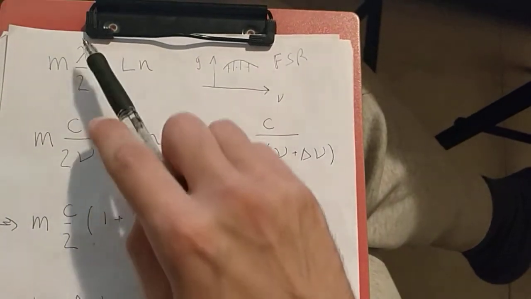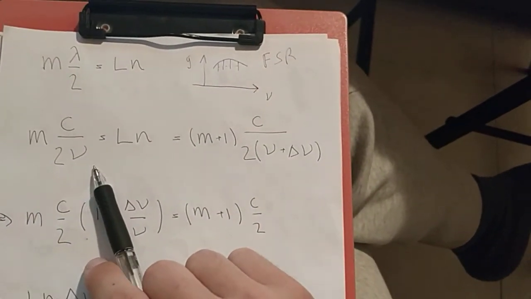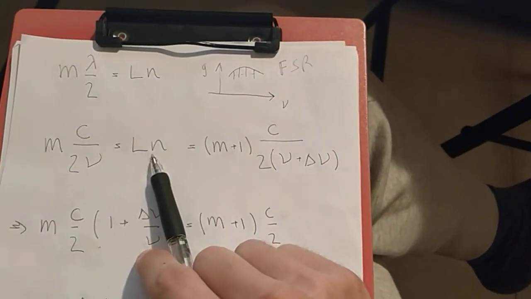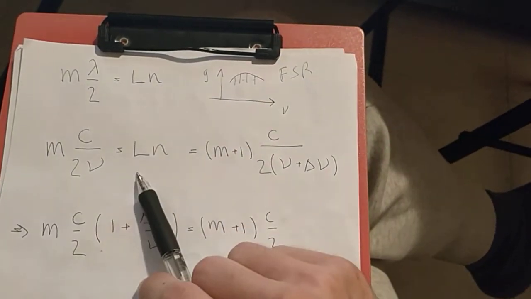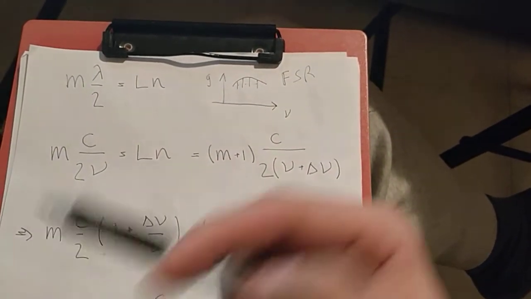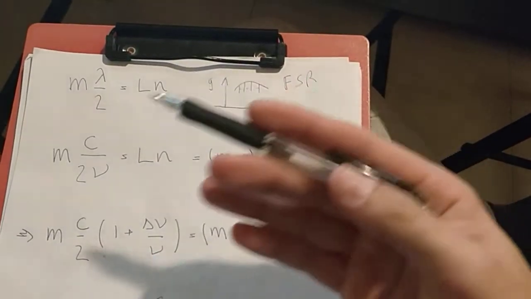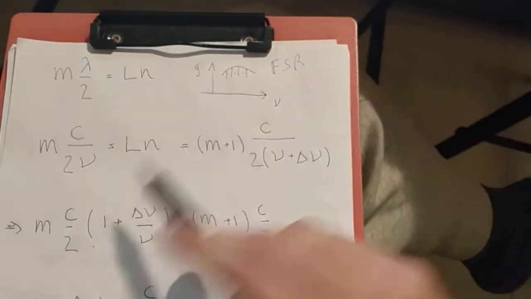If we substitute lambda for the frequency, we can get this expression. And if we want to know what the FSR is, we want to express the next frequency, the neighboring one.